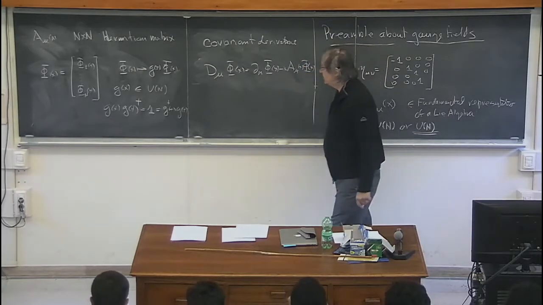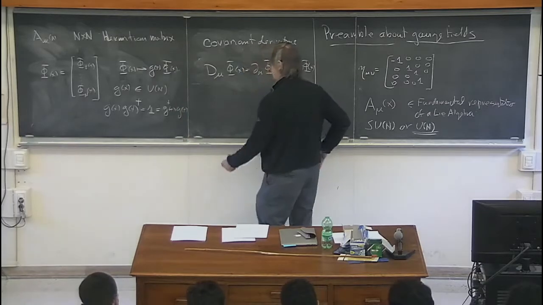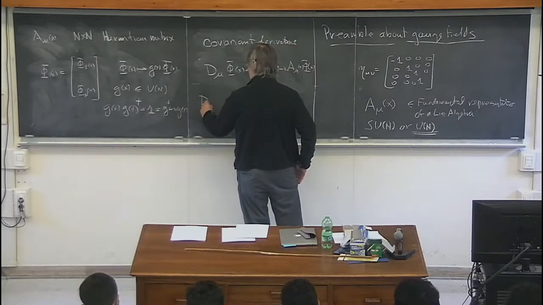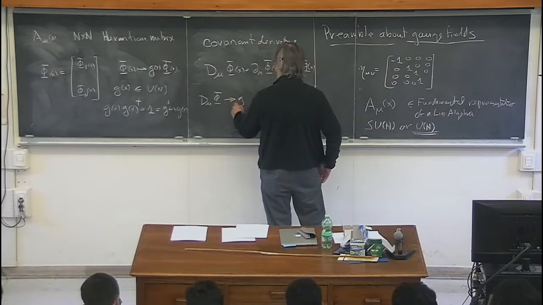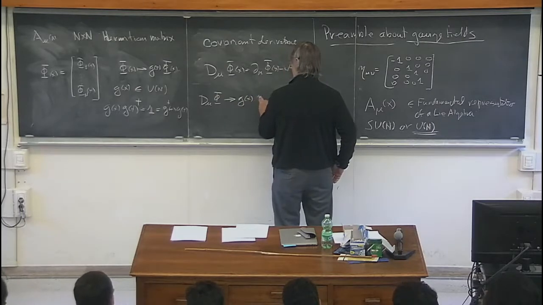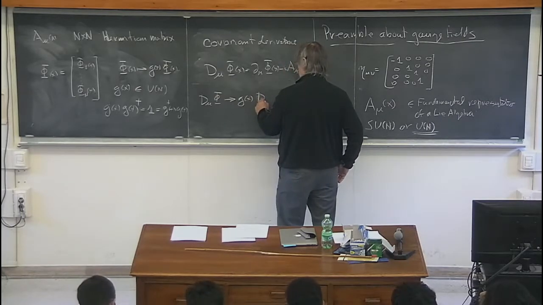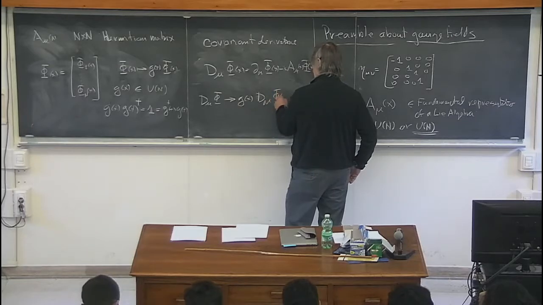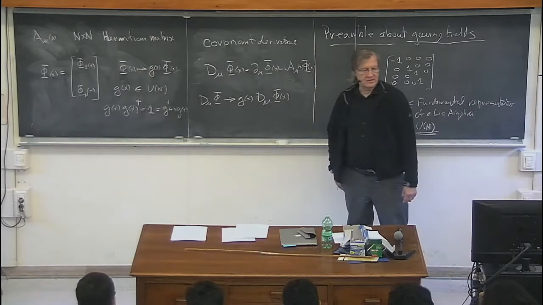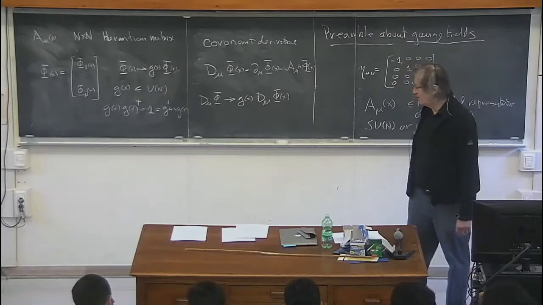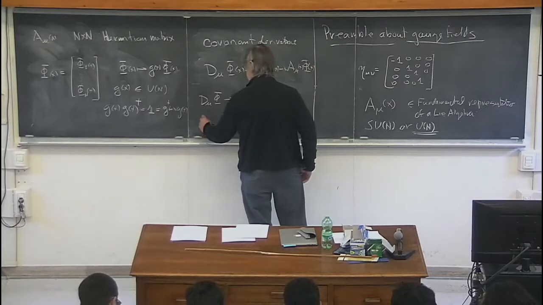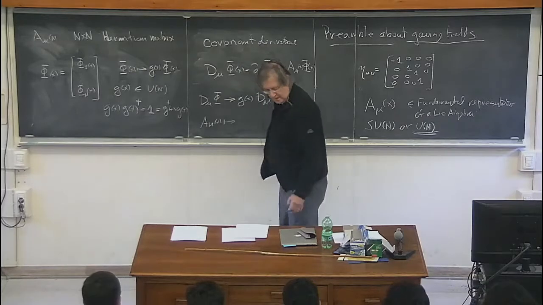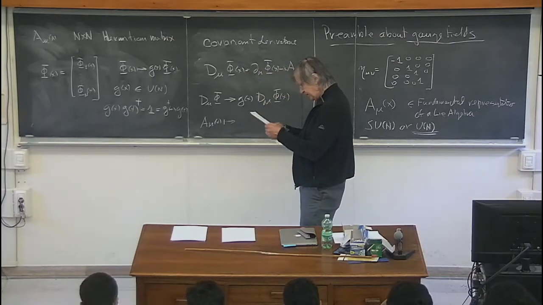And then how the connection transforms when you do the coordinate transformation is dictated by requiring that the covariant derivative transforms in the same way that the wave function did. And of course, from this you can figure out precisely how it transforms.